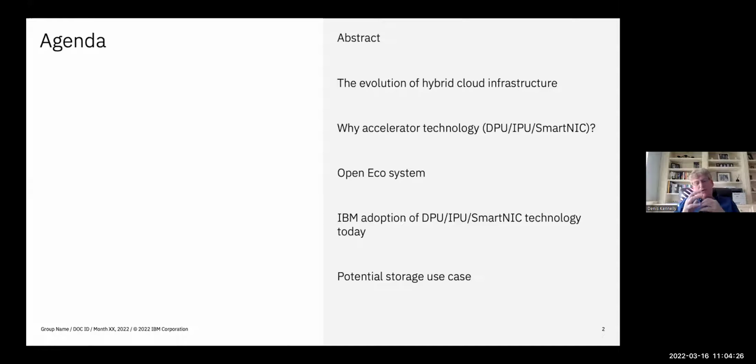Also, of course, what is going to be critical for any platform is the ecosystem and the openness around that. Then we're going to talk about some real examples of where we're using this technology today and where we are looking to develop that. And looking forward, with my storage hat on, potential use cases for this technology and how we're leveraging it in storage and across the infrastructure.